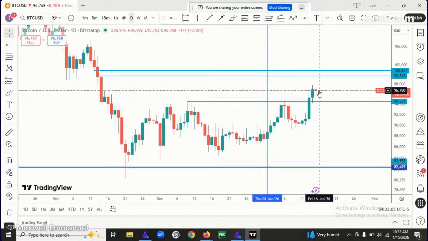Trading against the trend on which pair, Mr. Atonda? On which pair? Against the trend on which pair, please let me know.